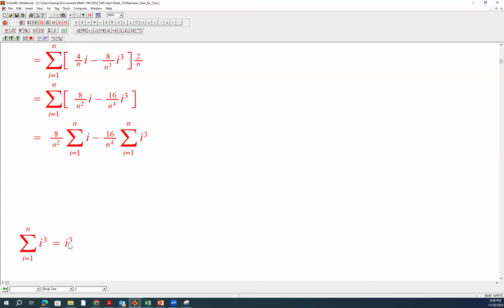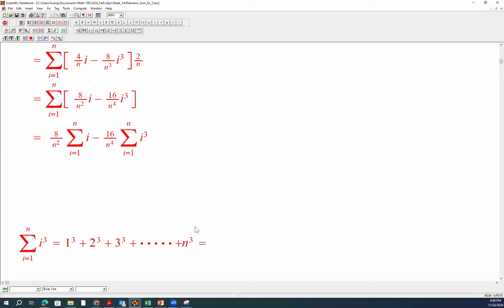If i equals 1, this is 1 to the power 3, 2 to the power 3, 3 to the power 3, and plus all the way when i equals n, that's n to the power 3.